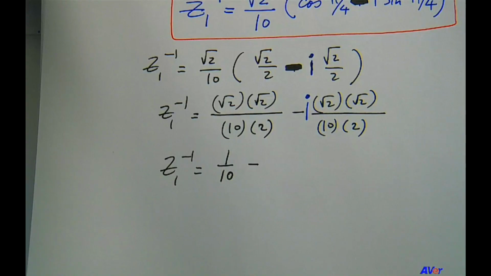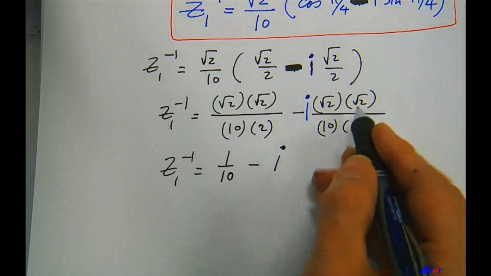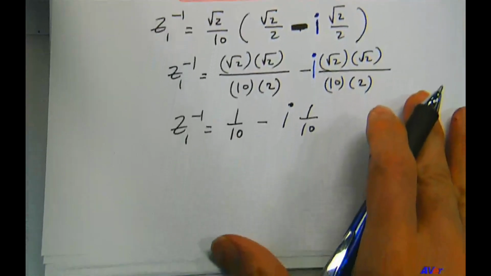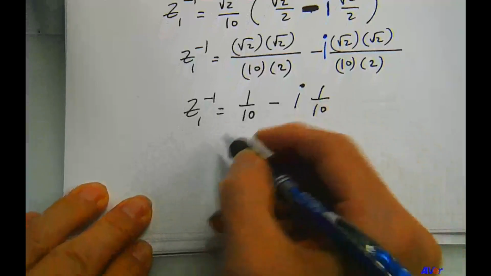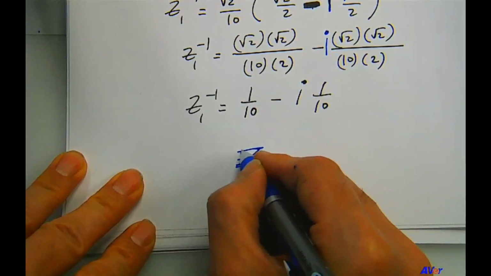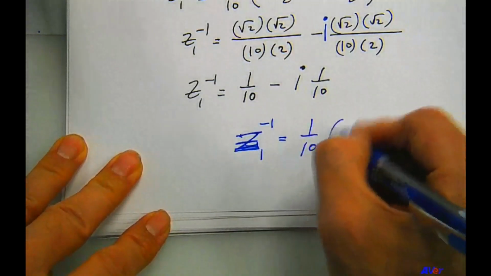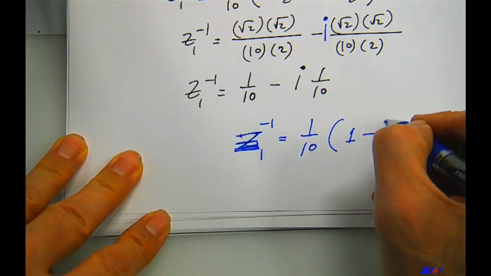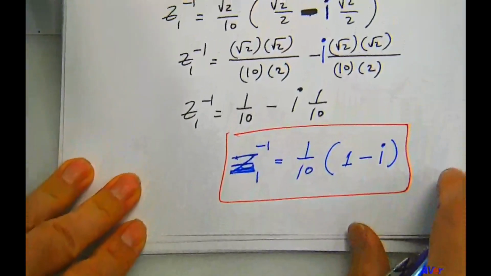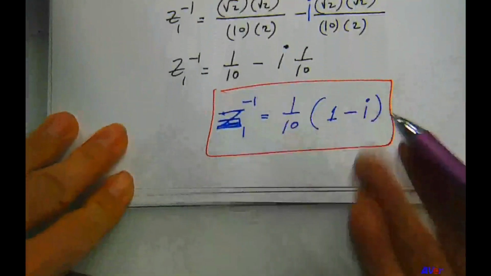So minus i times 2, and 2 cancel out, we get 1 over 10. So let's clean this up, let's factor it out. So z1 inverse is equal to 1 over 10 times 1 minus i. Okay, and then we have that answer in fully simplified form.